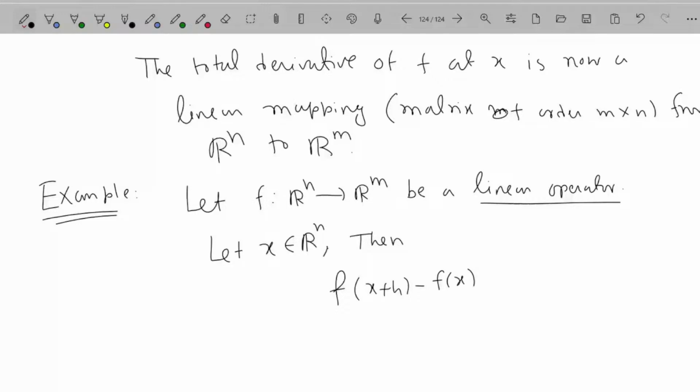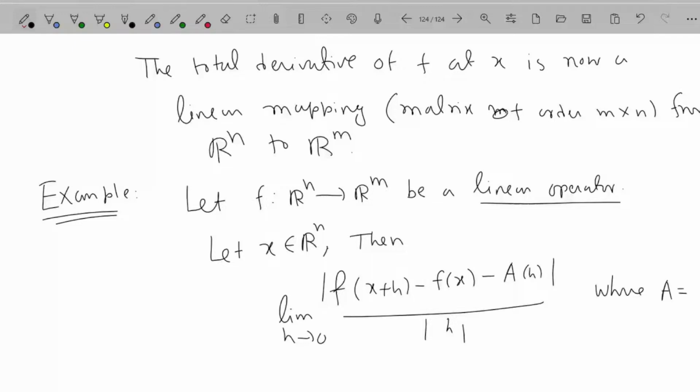So for the Ah part, we take the norm of f of h minus Ah, divided by the norm of h, and calculate the limit as h tends to 0, where A is now your f.